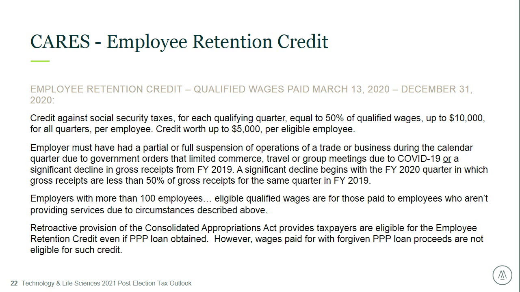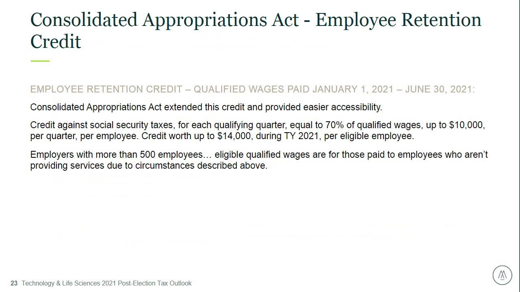those types of wages. So I would say that this particular provision provided easier accessibility for the credit, just because prior to that, companies who had received PPP loans didn't have access to this particular credit. Now also, the Consolidated Appropriations Act actually extended the credit and provided easier accessibility.